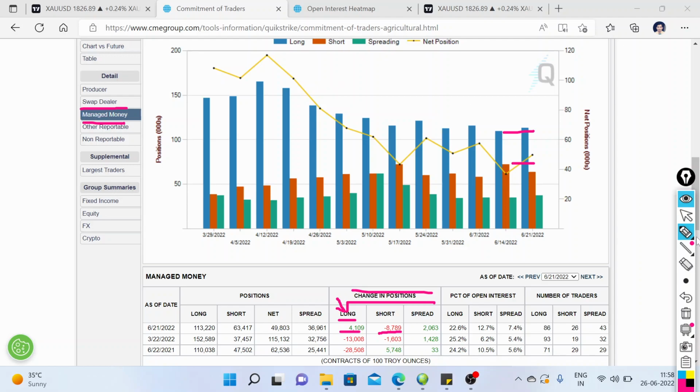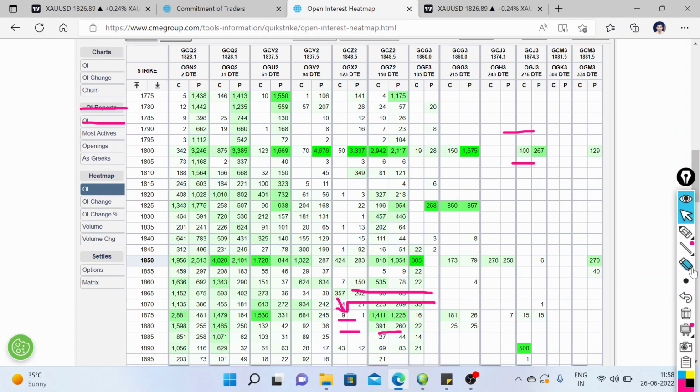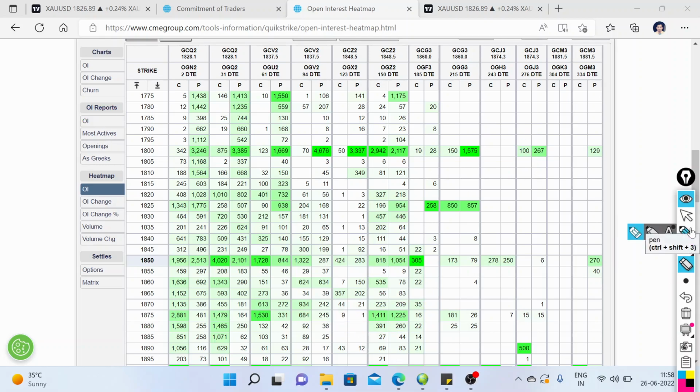And if we look over to the OI data, you can see that the last price is roughly around 1825, and below this level, the levels of 1810 and 1820 are also important support.